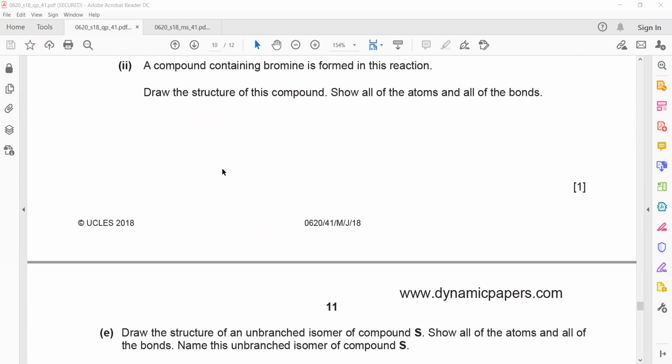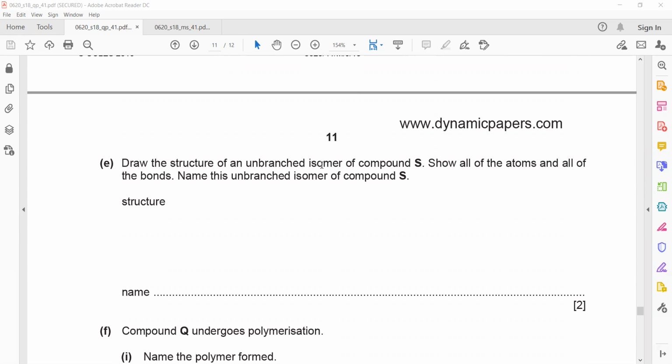So whenever you're drawing an isomer of an alkene, either you change the position of the double bond, or you can make a cyclic alkane, or you can make a branched alkene. But they mention a branched alkene is not acceptable here. So you have to draw an unbranched alkene. You just change the position of the double bond, putting the double bond between the second and the third carbon.